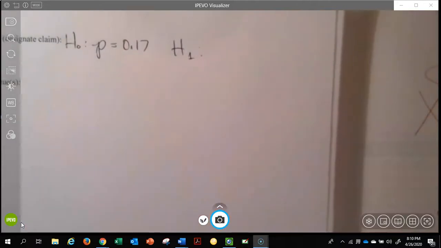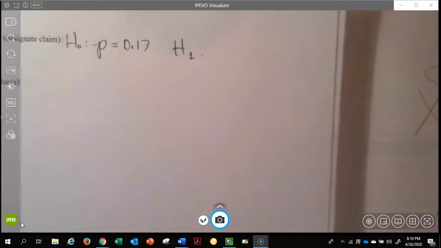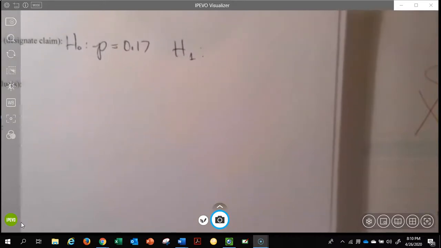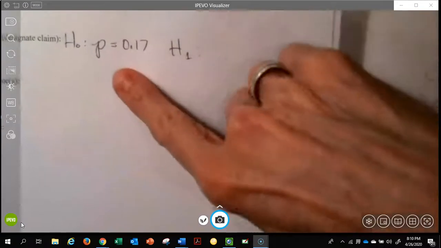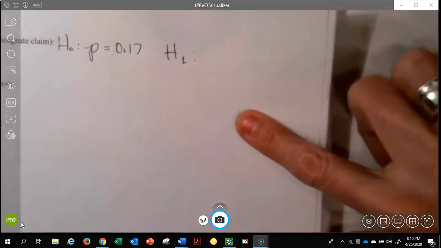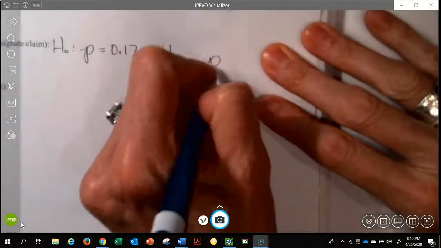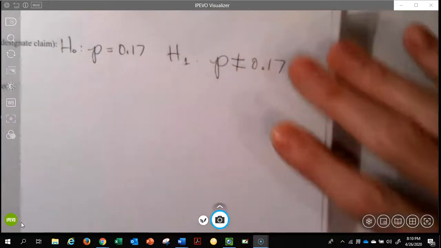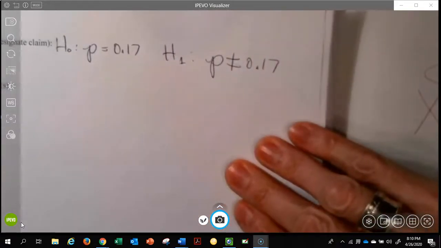She says a researcher, based on the information, that 17% are obese. Not less than 17, more than 17, they flat out are obese. She's saying the 0.17, again, that's our null. The alternate is not greater than or less than, it's just that they're not this 0.17.